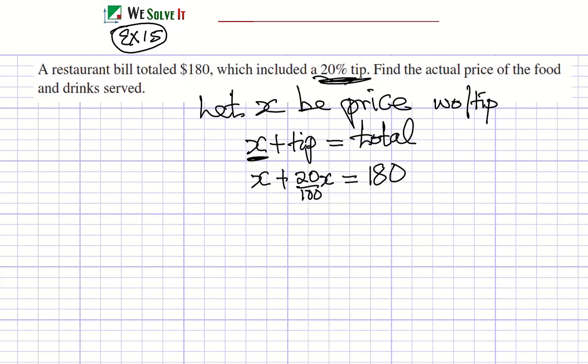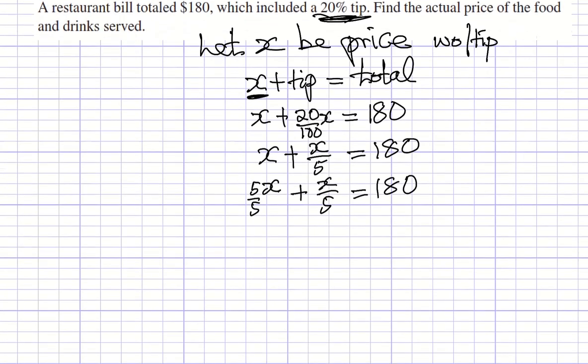So let me rewrite the problem. If you don't want to work with 100, because 100 is too large for you, then you can say x over 5 equals 180. You come up with the same answer. And then you do our trick. You say x on the left side is 5 over 5, because 5 over 5 crossed out is 1, plus x over 5 equals 180.